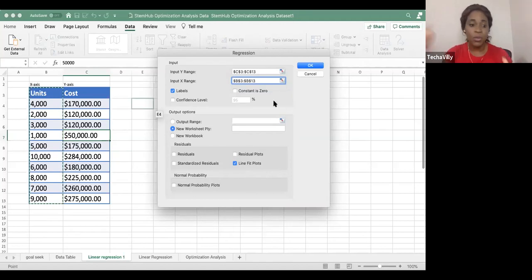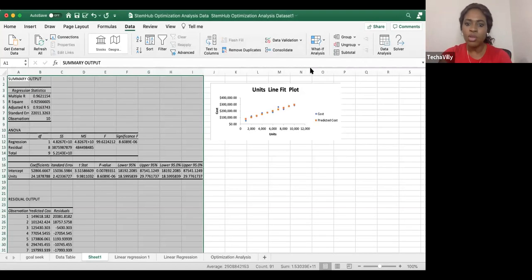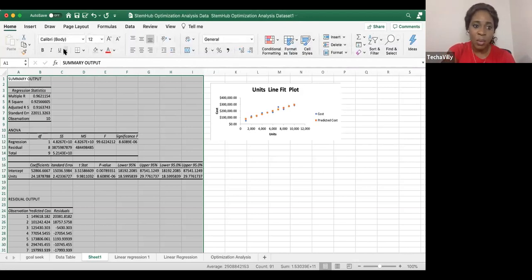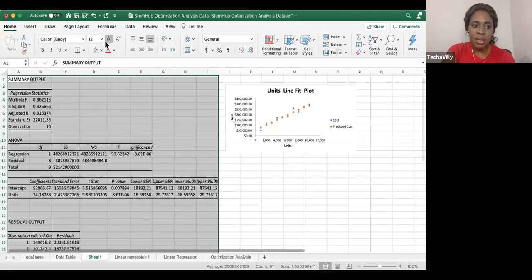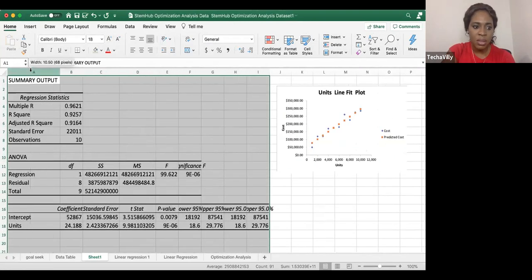They'll just look at you like, oh my God, we have a guru in the house. So then you click OK. Automatically, it's going to give you your regression analysis. So we have our regression analysis in another worksheet. So I'm going to increase the font so that we see the values.